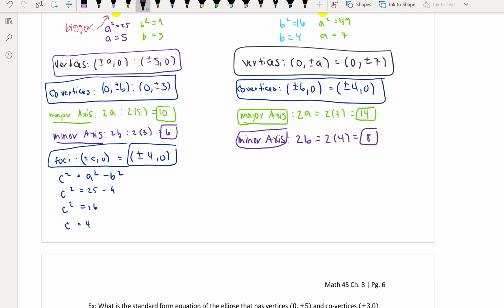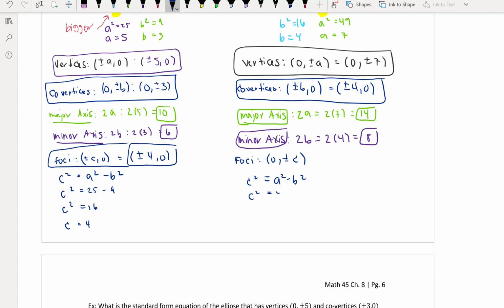So the next piece of information that I need is going to be my foci. The foci here is given to me as 0 plus or minus c. And that equation doesn't change, where I have c squared is equal to a squared minus b squared.